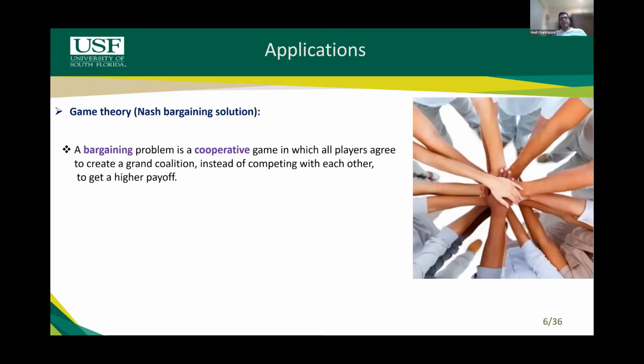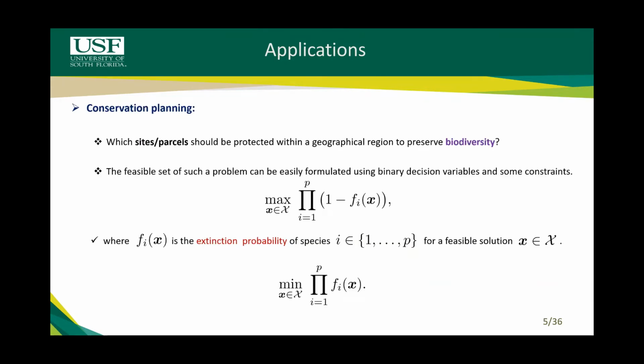Another application. So I have a quick question. In this, you are implicitly assuming that the extinction or the survival probabilities of each species are mutually independent, right? Yes. Is that a realistic assumption? Yeah.